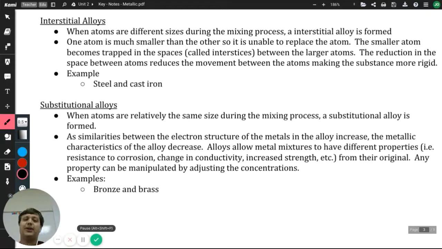So what we're seeing is that we can change or alter the properties of a metal by adding in something else. So that's a little bit about our types of bonds that we have, why those bonds form, and then what a metallic bond is and how it occurs.